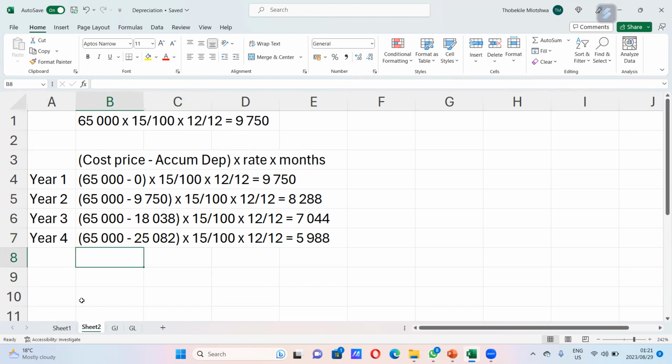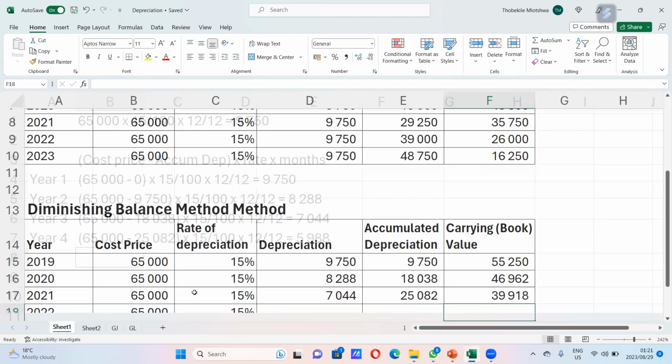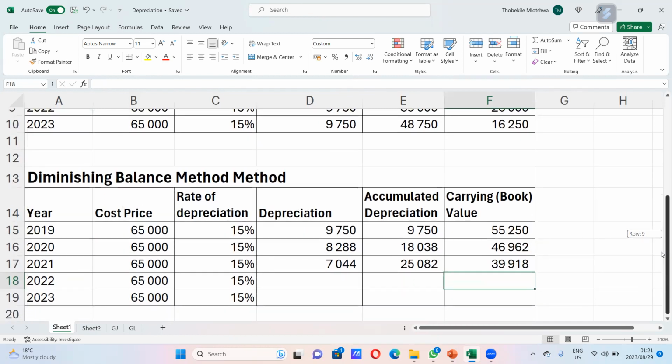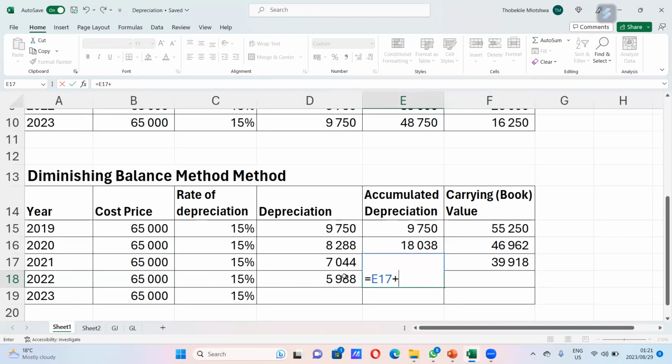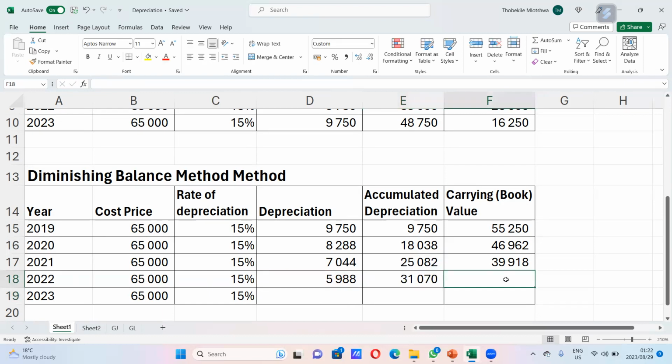So we go back here and put 5,988. And then what did I say? Accumulated depreciation equals previous year's accumulated depreciation plus current year's depreciation. And then the value of the vehicle is going to be cost price minus accumulated depreciation.